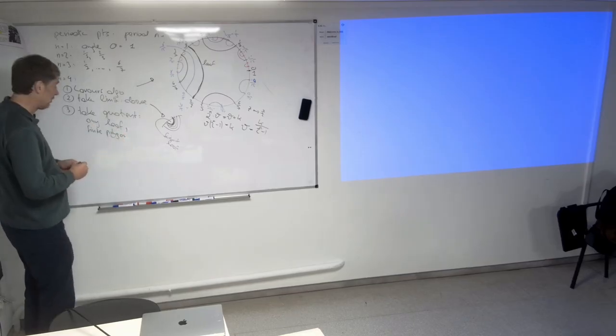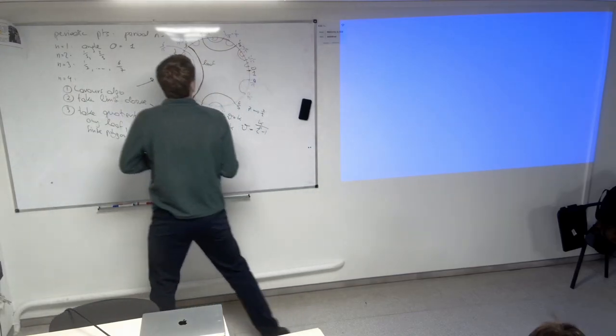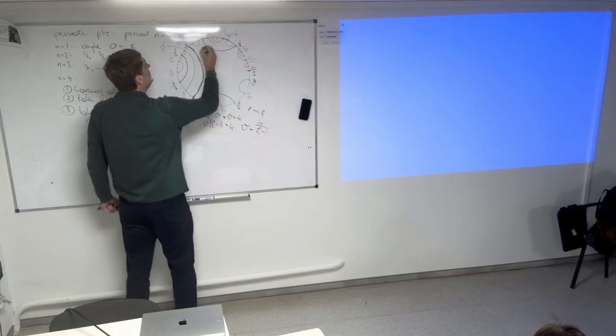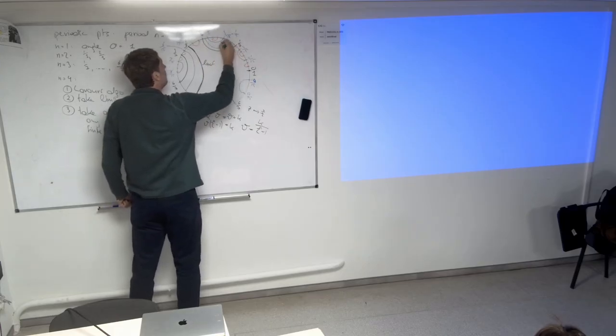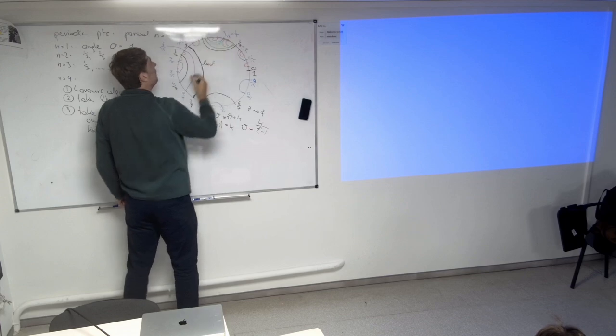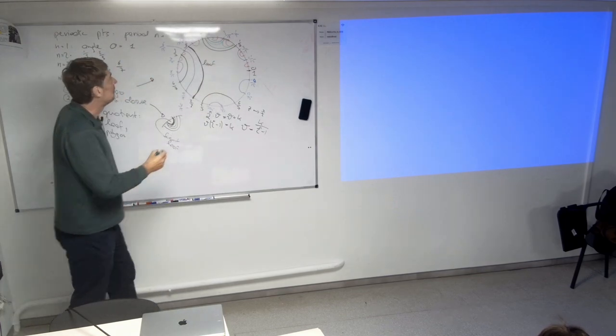Or let me use green to draw for you a finite polygon. And you see it already coming here. This is a trigon, in fact.